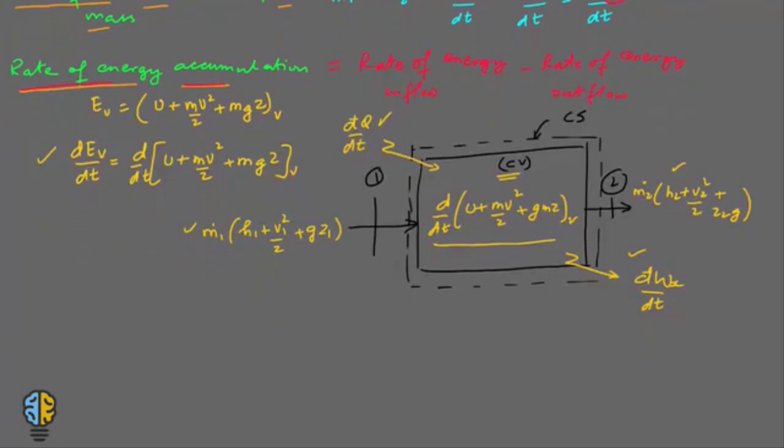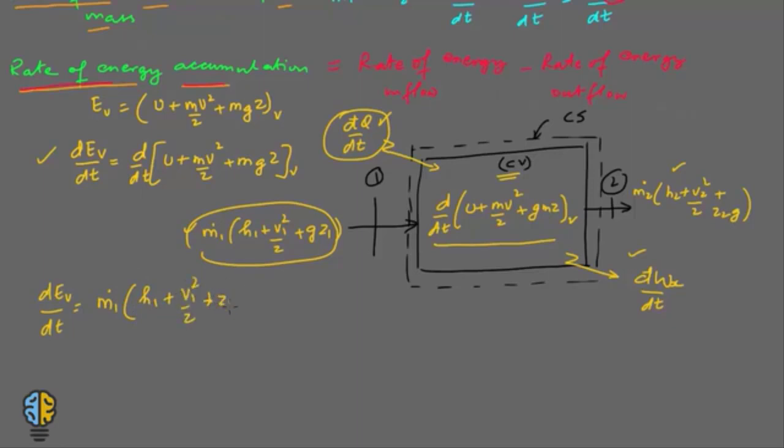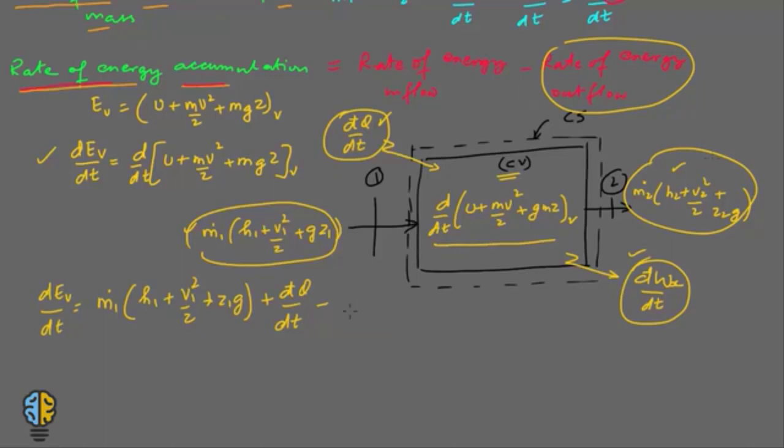Writing this as an equation, the rate of energy accumulated in the control volume is equal to the rate of energy inflow, m1 dot into h1 plus v1 square by 2 plus z1g plus d dash q by dt, minus the rate of energy outflow, m2 dot into h2 plus v2 square by 2 plus z2g plus dwx by dt.